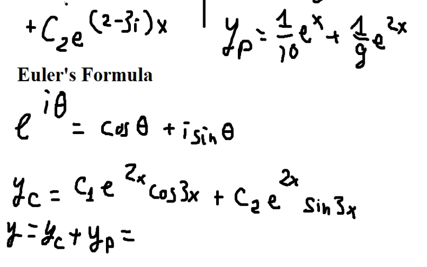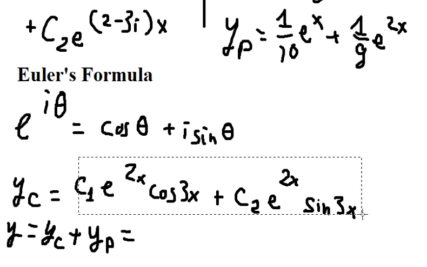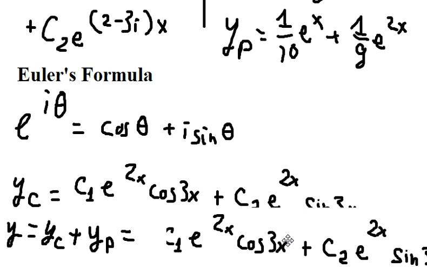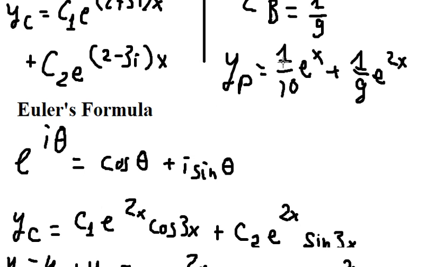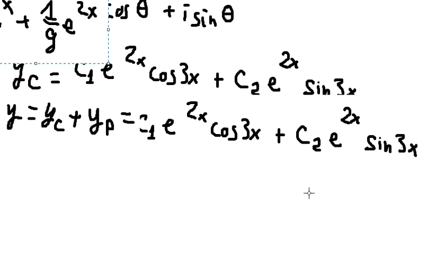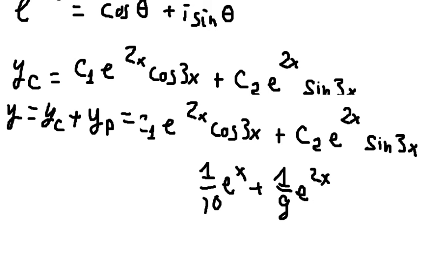So yc is this one. We combine in here. And yb is this one. We combine this one in here. And that is the final answer we need to find.